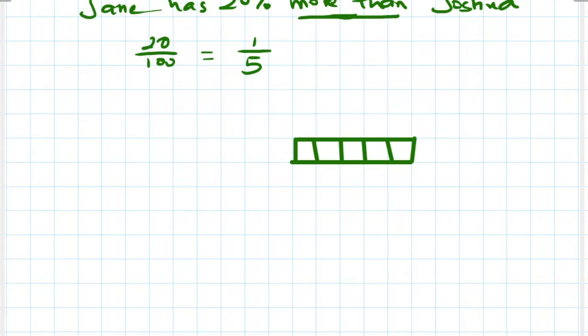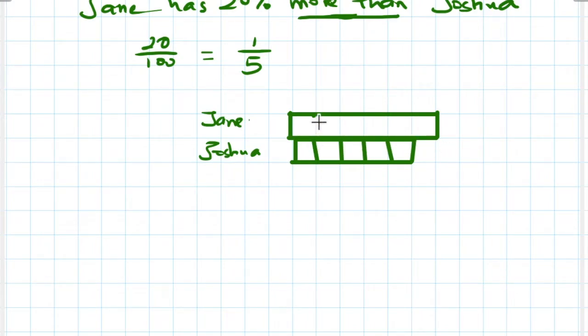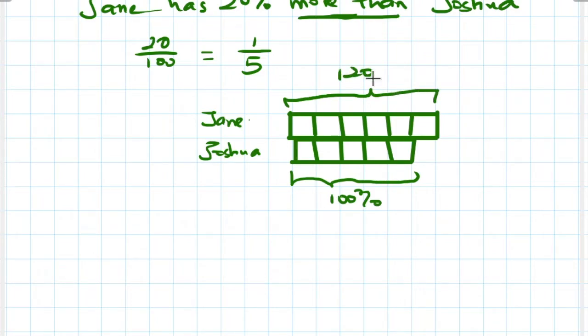So Jane will have 6, because this is 1 cube, which is 20% more. So Joshua here is actually 100%, and Jane here will be 120%. This is how you are going to draw the model.